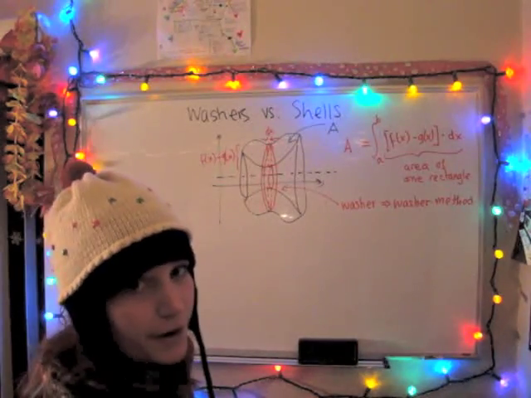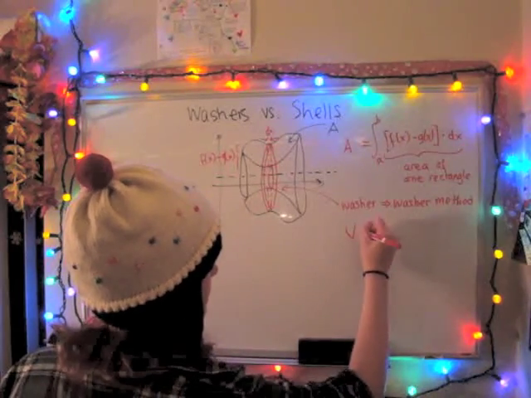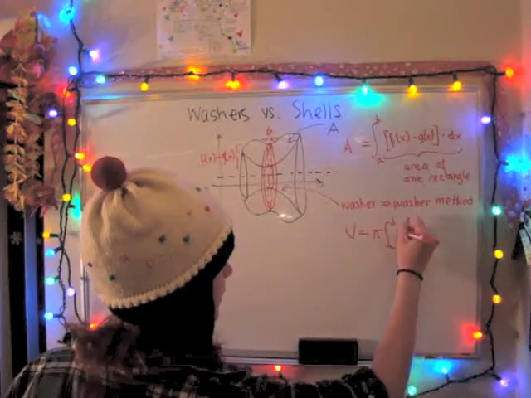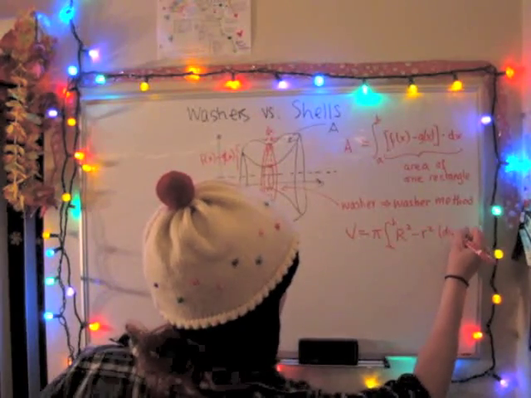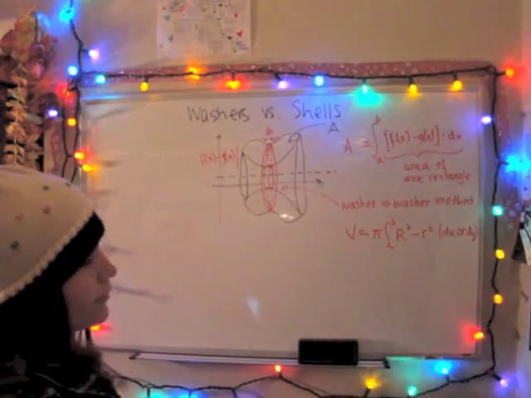And as a reminder, if you want to review this, just go back and read it in Stewart, that then the volume of our solid is going to be pi times the integral from a to b of the outer radius squared minus the inner radius squared. And then we have dx or dy. That was our washer method.